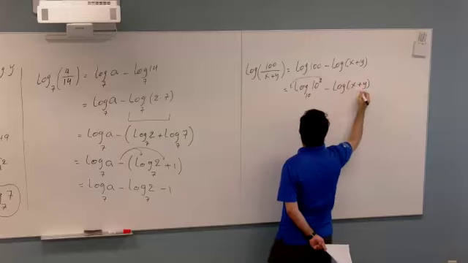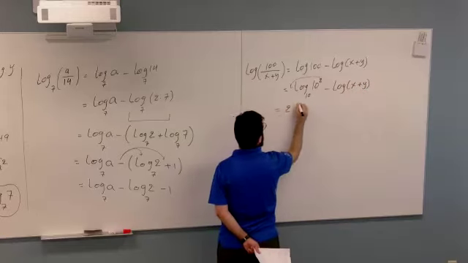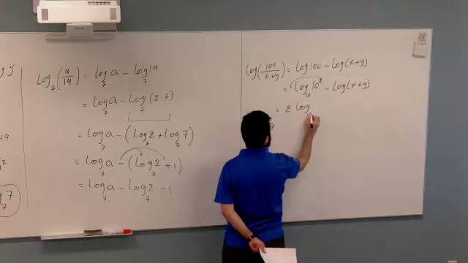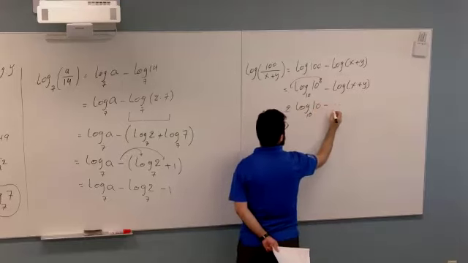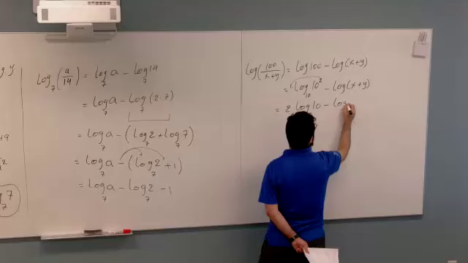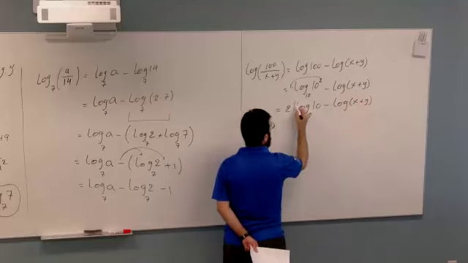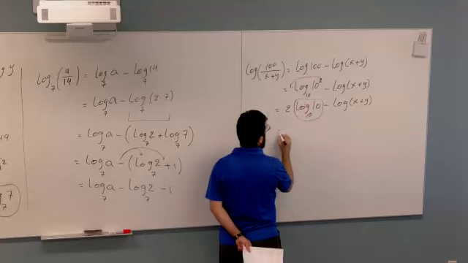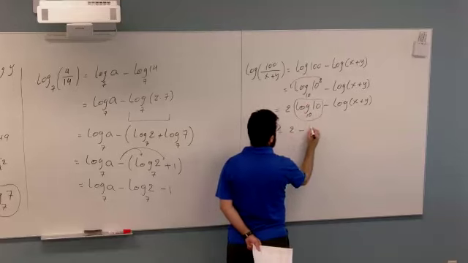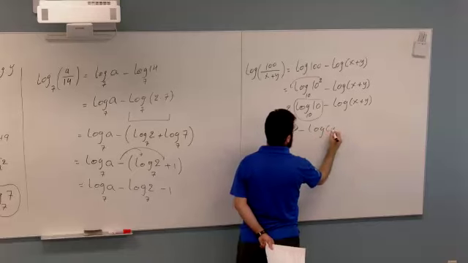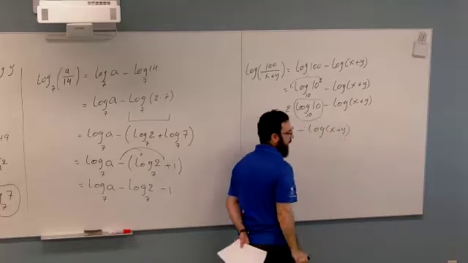So give me 2 log to the base 10 of 10 minus log of x plus y. How much is the amount here? It's 2 times 1. 2 minus log of x plus y. Is that okay?